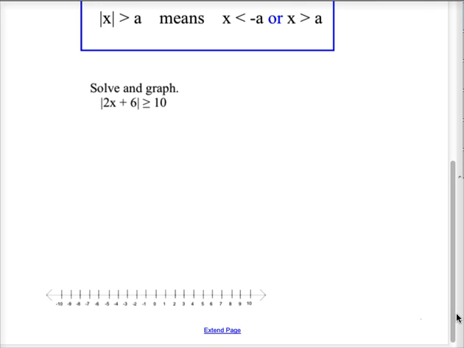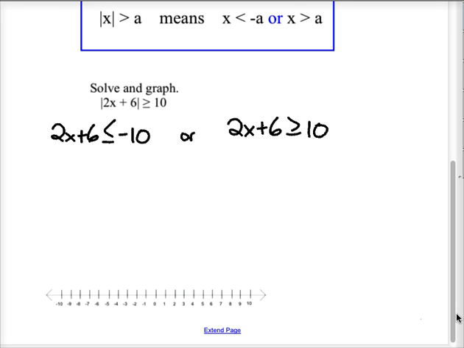So pushing outward, that means I'm going to be less than the negative or greater than the positive. I'm pushing out.